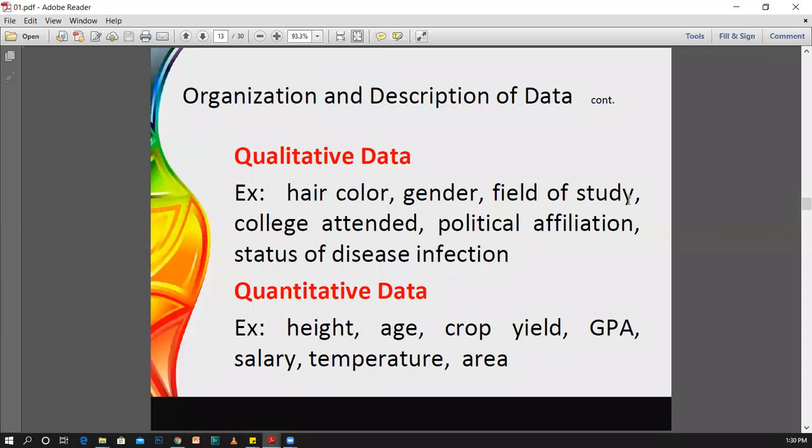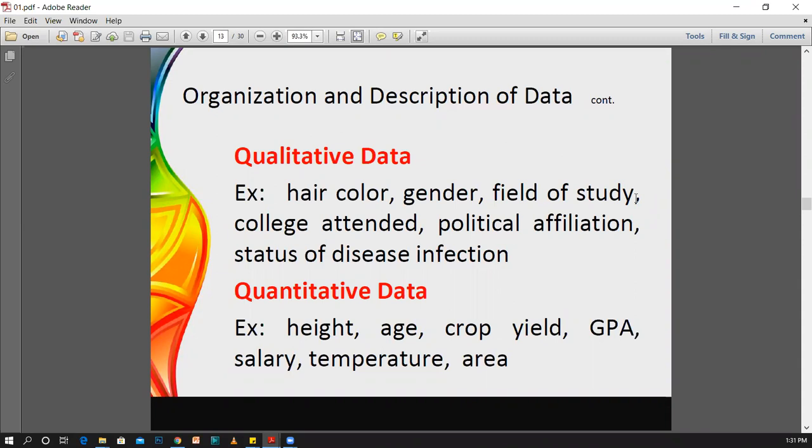Field of study: if you are considering A-level students, if you are asking a student what the field of study is, then they may say technology, mathematics, biological science, arts, or commerce.